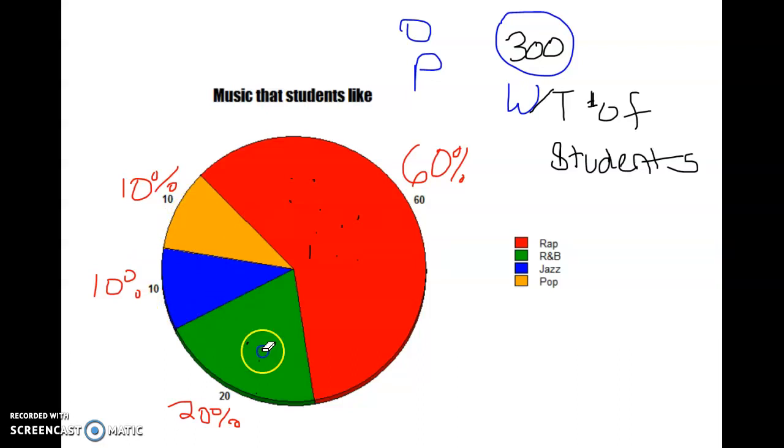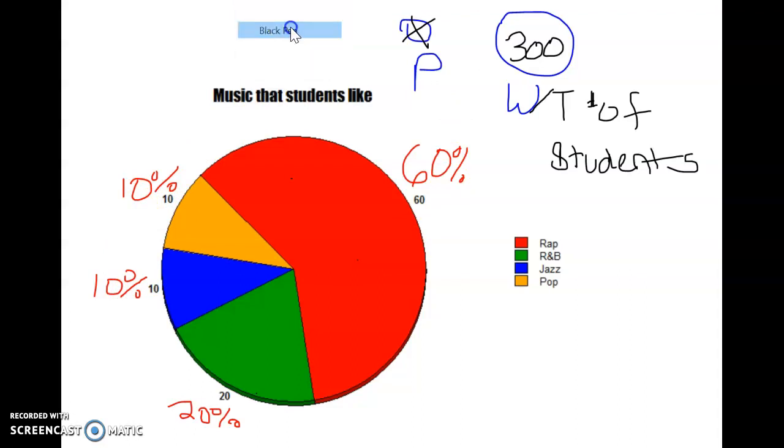because that's not going to equal my whole, which I said was 300 students. So what I need to do is use this proportion to determine what my part is. I'm looking for my part. I don't know how many students chose a certain type of music. All I know is the percent of the students that chose that type.